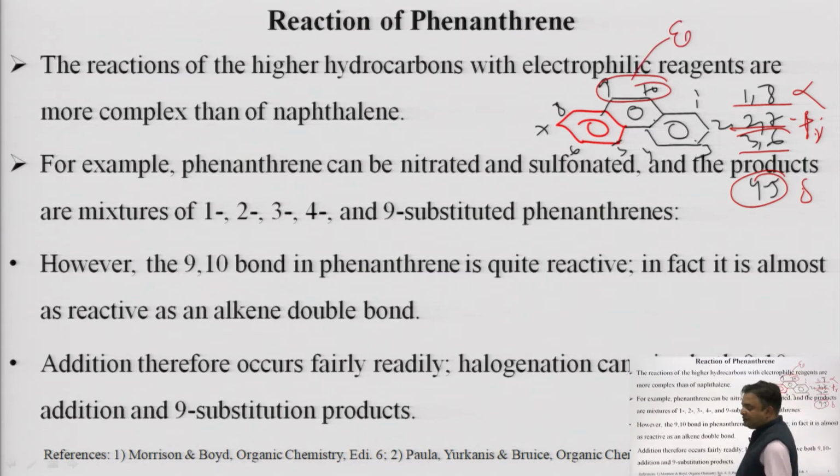In naphthalene, only 2 types of equivalent carbons are there, while in phenanthrene there are 5 types of equivalent carbons. So electrophilic substitution in phenanthrene is a little more complex compared to naphthalene.